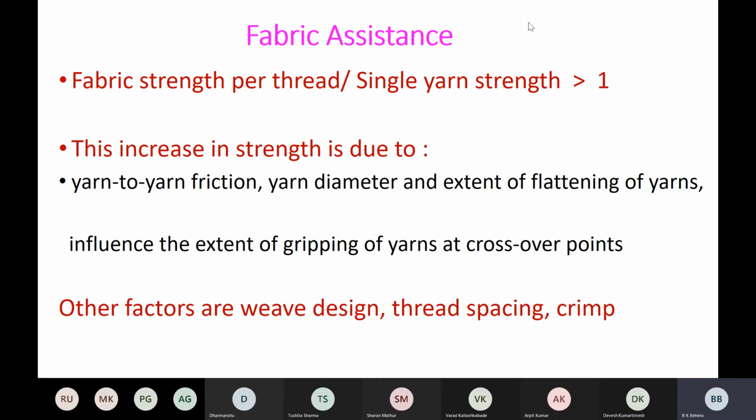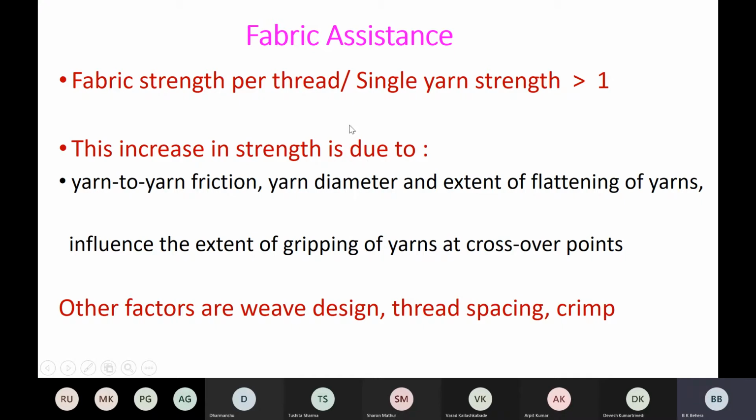Today we will discuss specific to fabric now. Before that, a couple of things which come normally in case of woven fabric tensile properties.